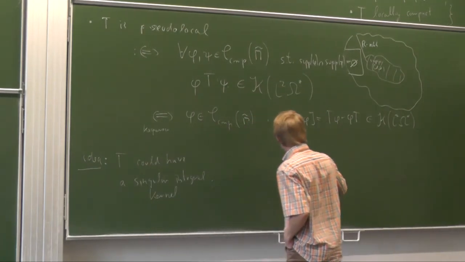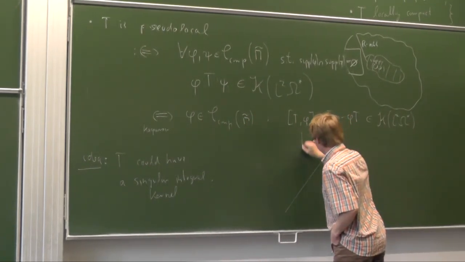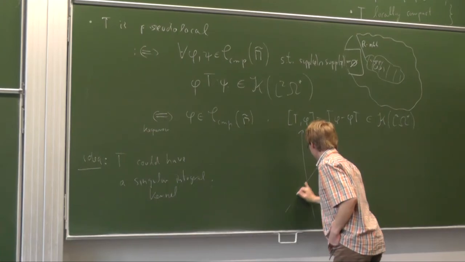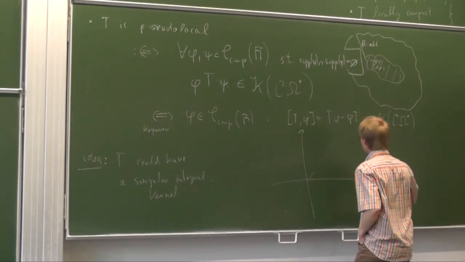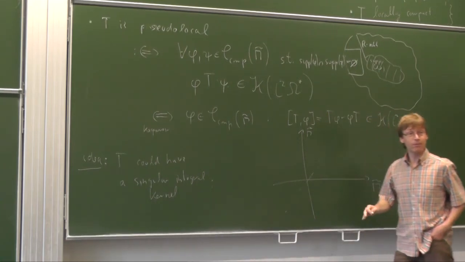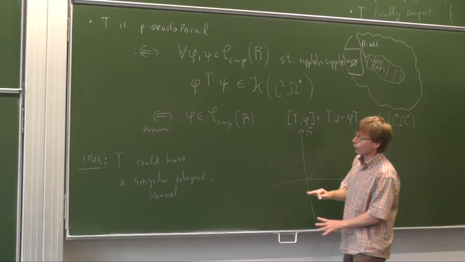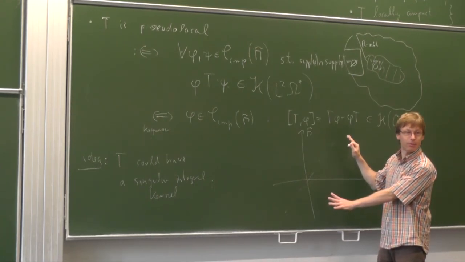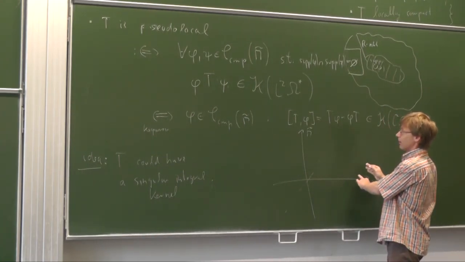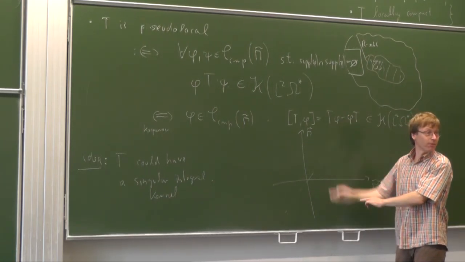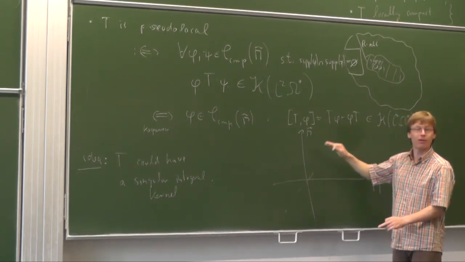So it will look like we have M tilde times M tilde, and then a kind of function on M tilde times M tilde, and the operator is obtained by taking the function, multiplying with the form and integrating out one direction, and then you get a function depending on the other direction.